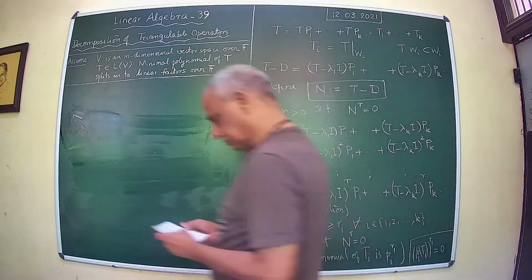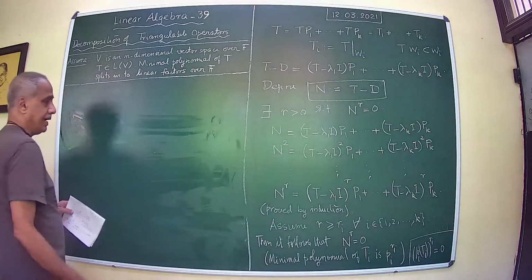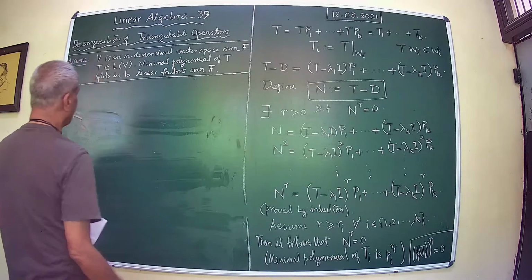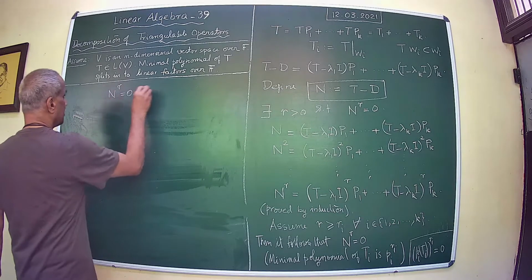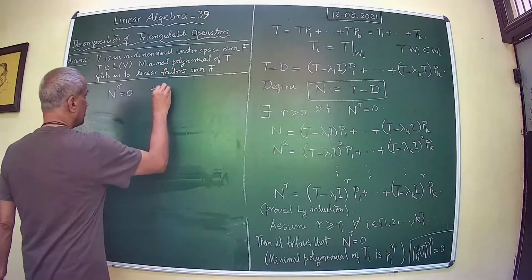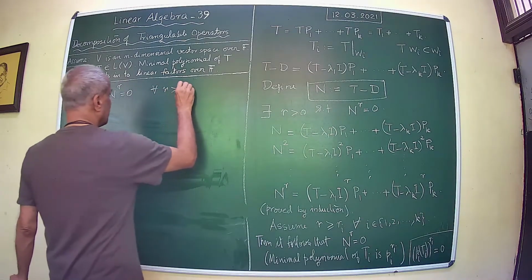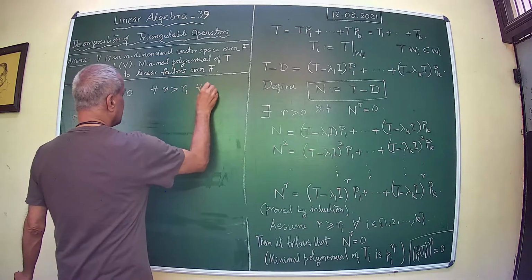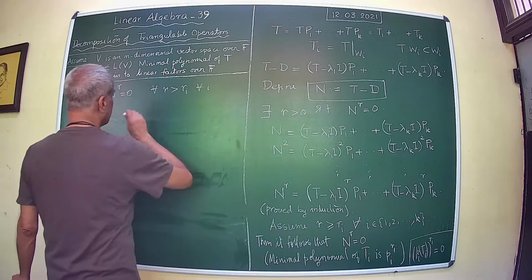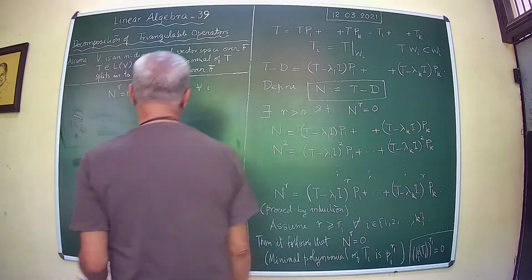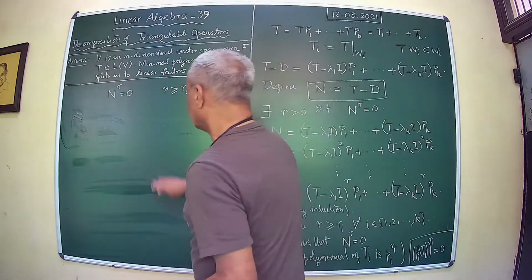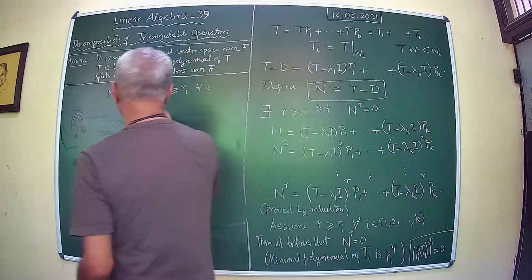So we conclude that N to the power r equals 0. So this is the conclusion.